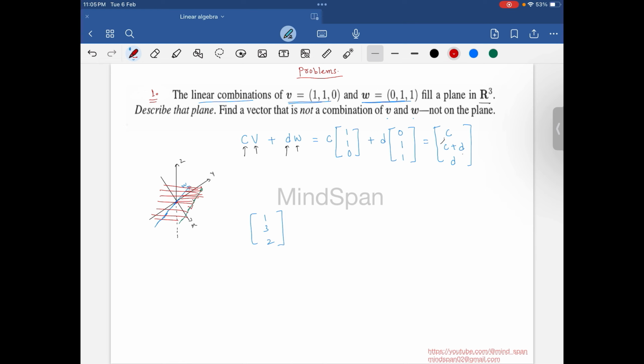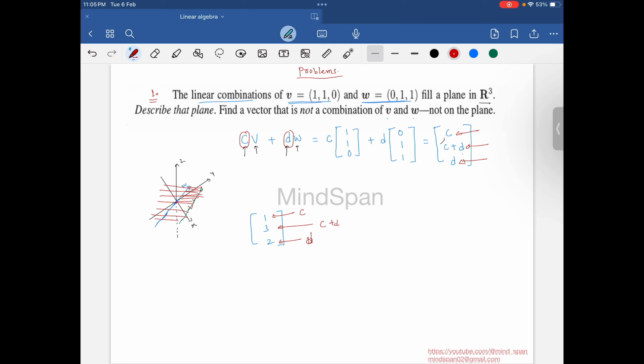How? You can pick any value of c, you can pick any value of d. The vector you get will have the components c and d, and the middle component will be the sum of c and d. So you can pick c as 1, d as 2, and you see that the middle component is nothing but c plus d.